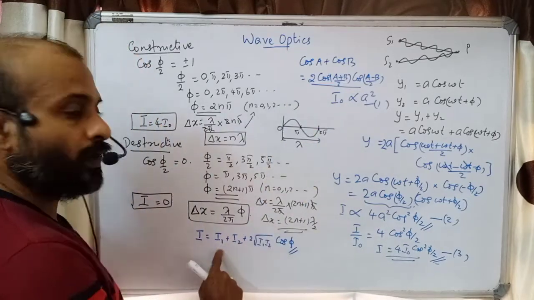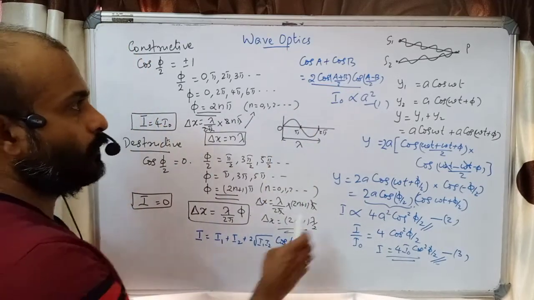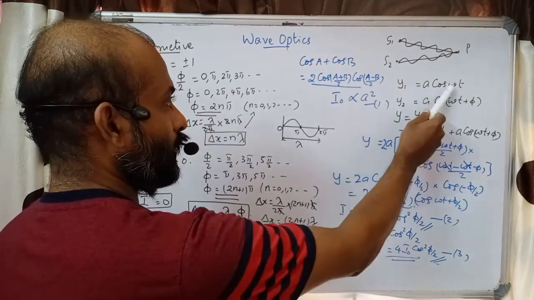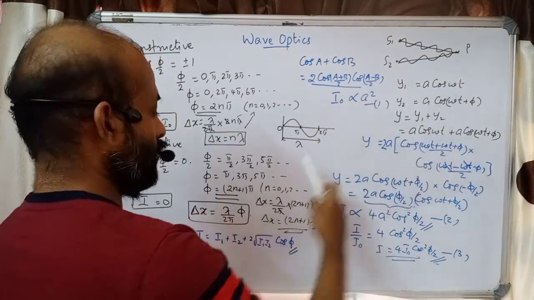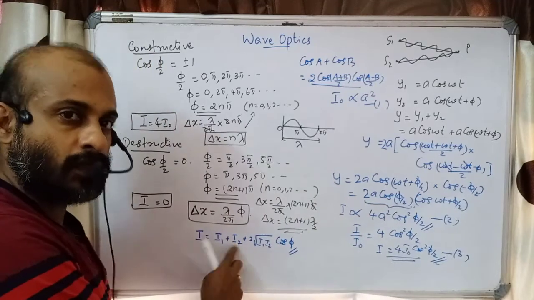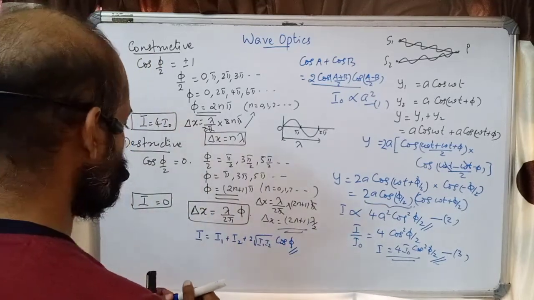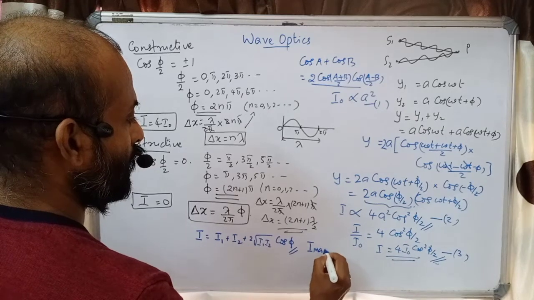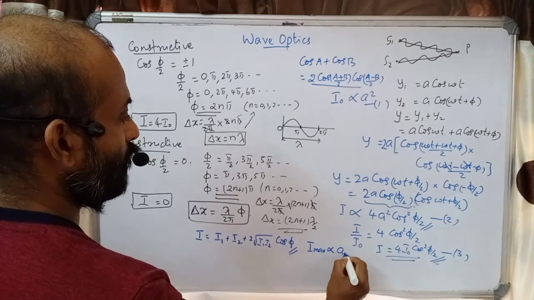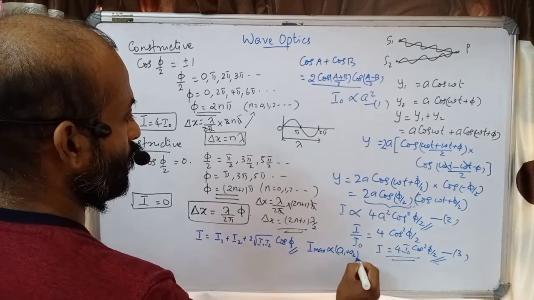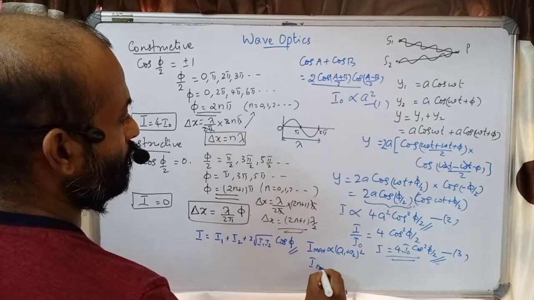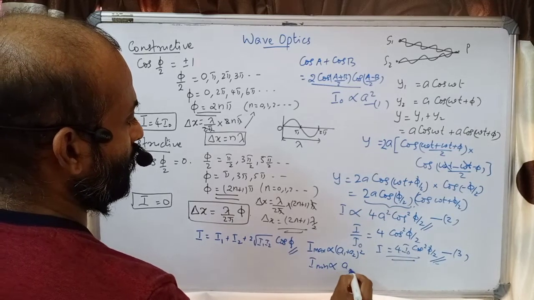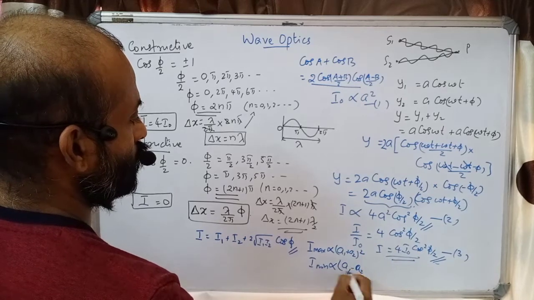Here we have two different amplitudes. We can write Y1 equals A1 cos omega t and Y2 equals A2 cos omega t. So the amplitudes are different, so the intensities are different. Now in this case, the maximum intensity I max is proportional to (A1 plus A2) the whole square, and I minimum is proportional to (A1 minus A2) the whole square.